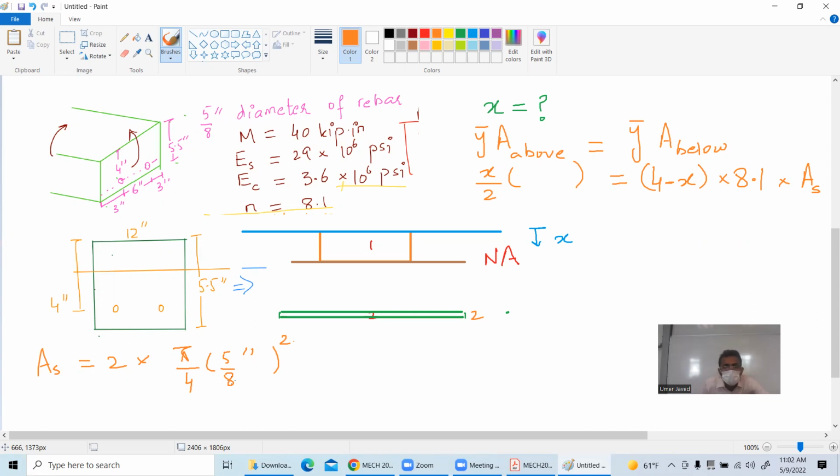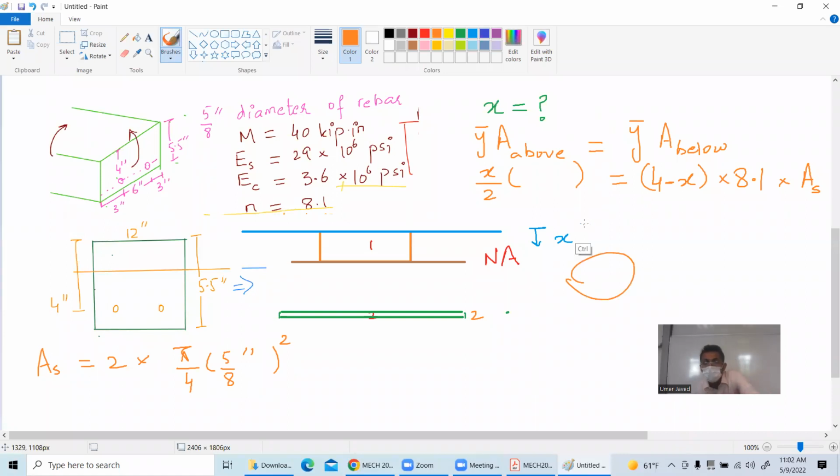I think you're right, because when we subtract x from 4, we are thinking that the reference is at A, and therefore we are finding that in y bar. I think I understand your confusion. Yeah, I do. But let us go with it.